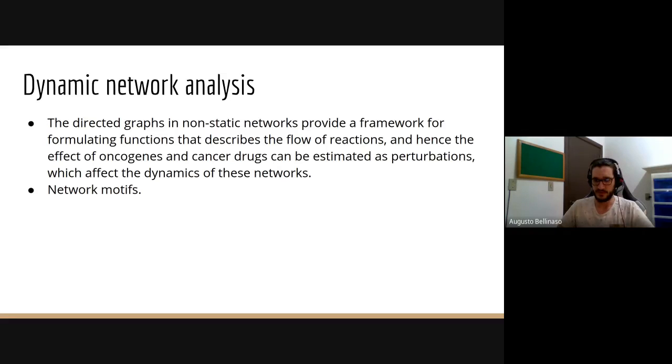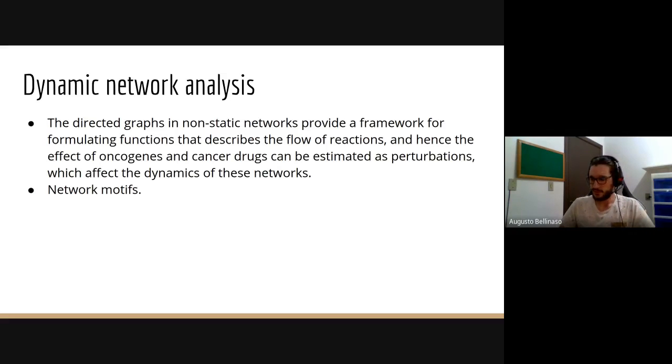Another important aspect when we consider dynamics is that we can link the structural properties of the network with dynamics by using what are called network motifs, which are sub-networks inside a network. And these motifs have specific functions inside the network or inside the organism.